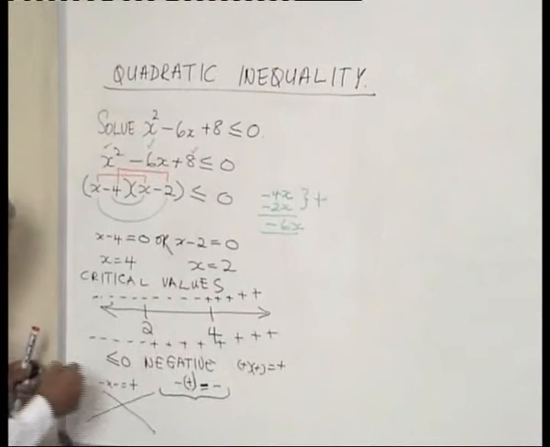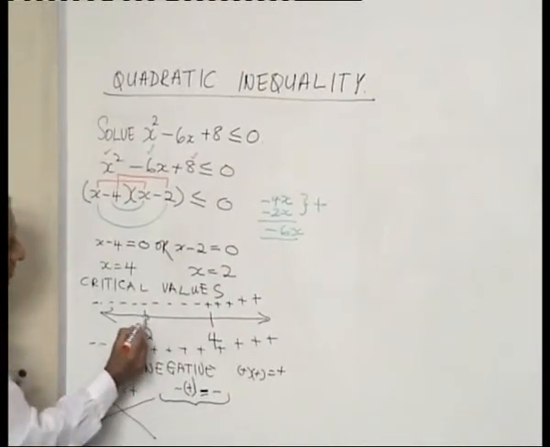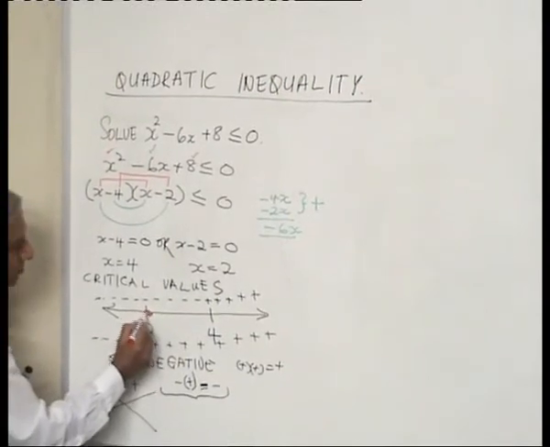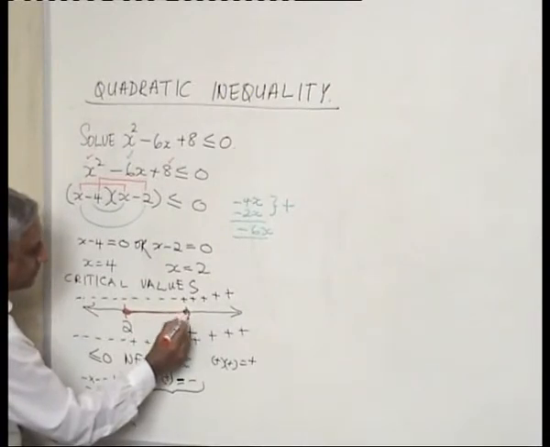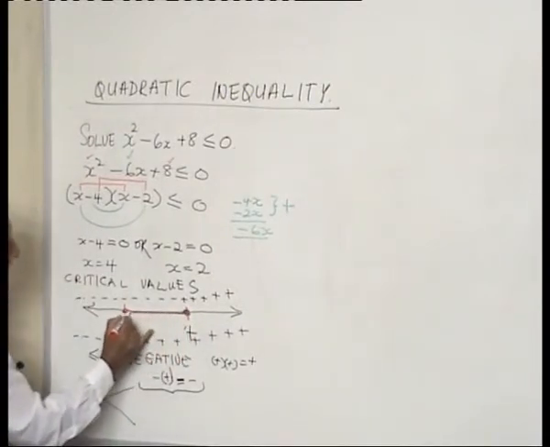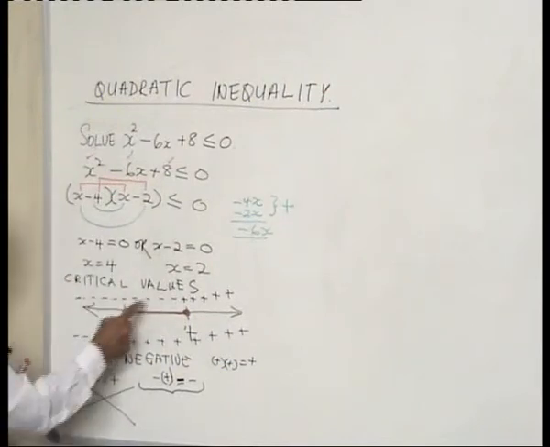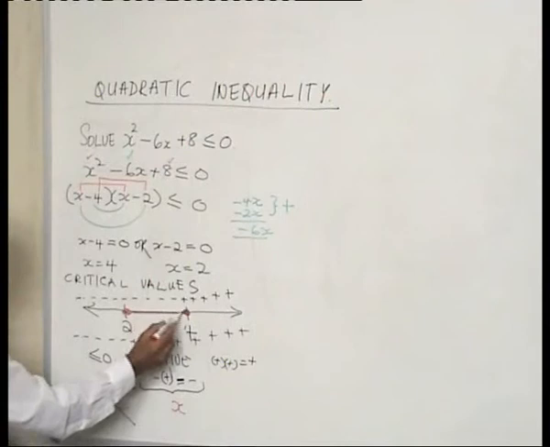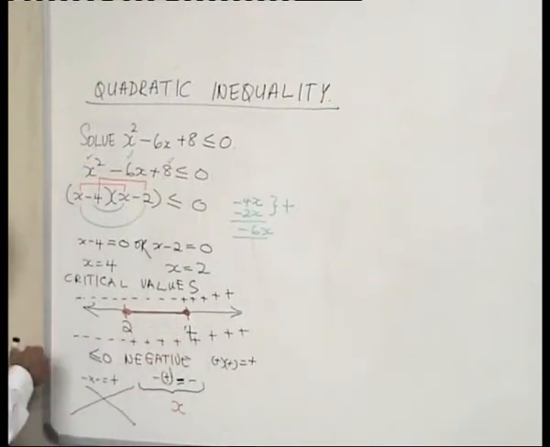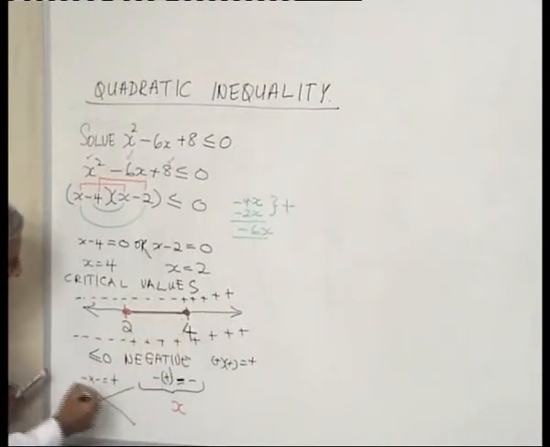Now, how do we write the answer? Well, you can see clearly that the answer is from here right through till here. I've put it in red now. That's the answer shown on the number line. And how do you write that answer? When you place an x in the middle, these numbers here are less than 4.